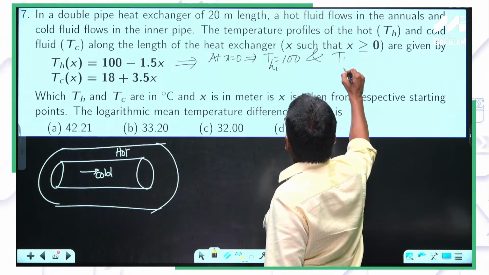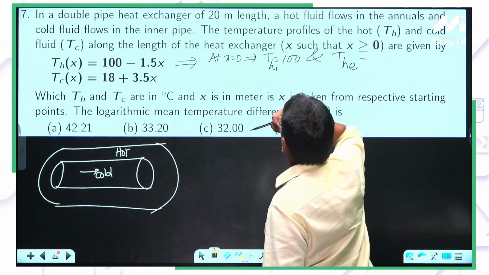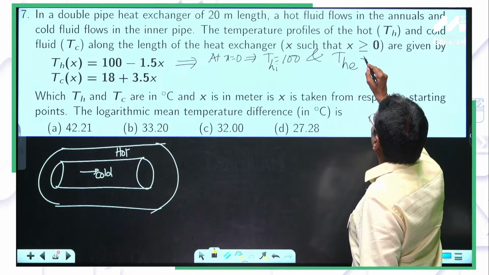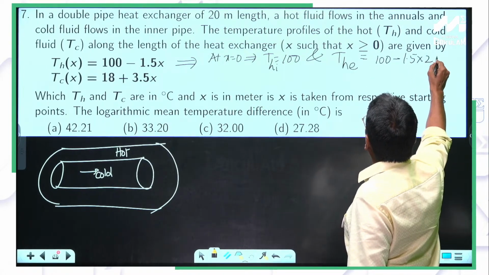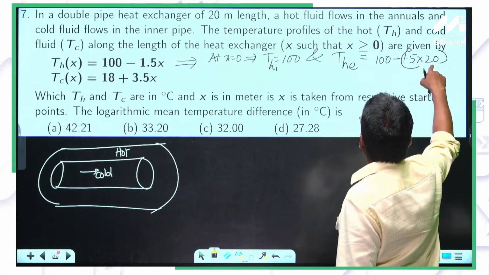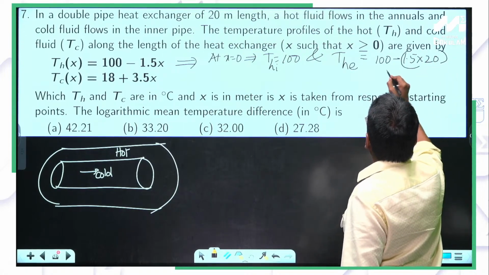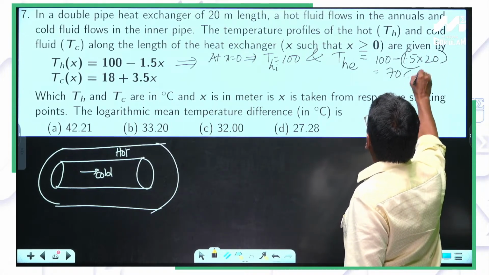The exit will be 100 minus 1.5 into 20, which is 30, so 100 minus 30 will be 70.